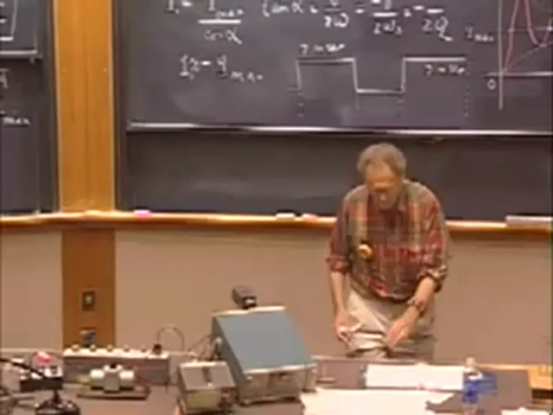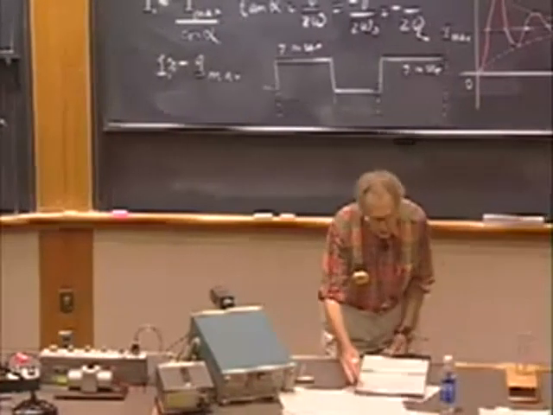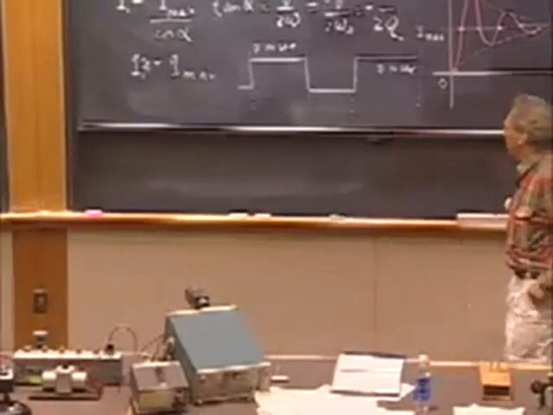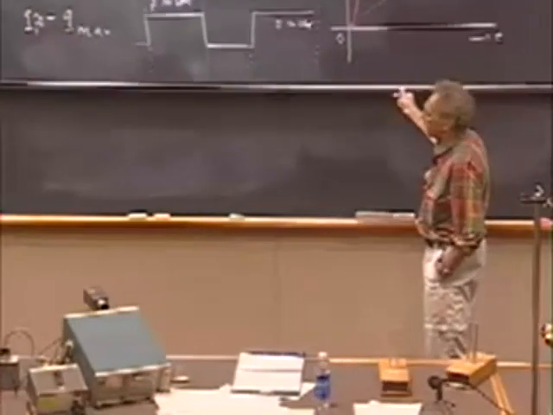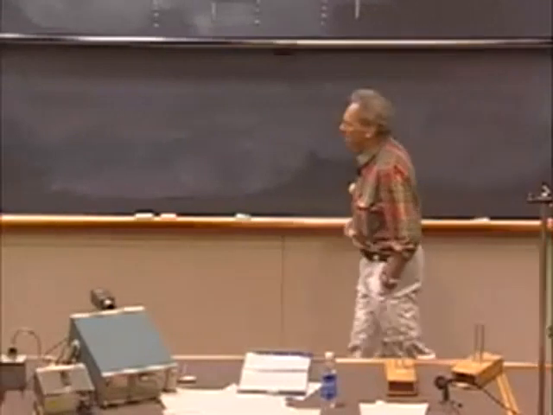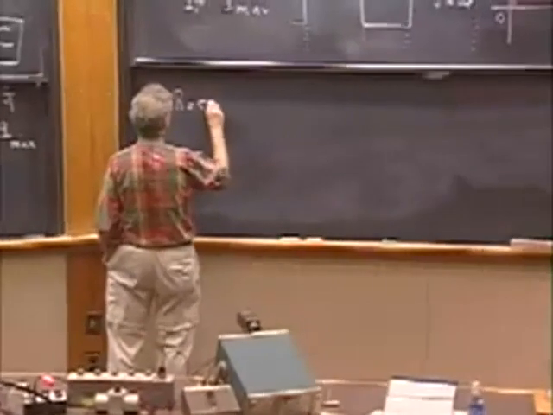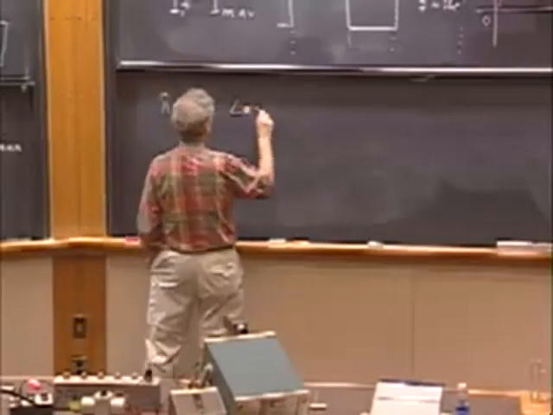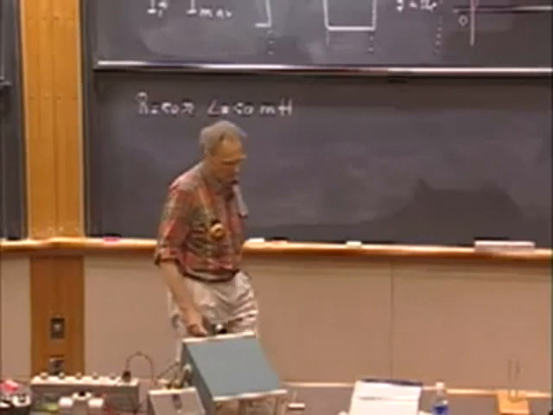I'm going to give you the values that I will be using so that you can digest at home exactly what you are going to see and what all the constants are in this problem. The R is going to be 50 ohms. The L is going to be 50 millihenries.